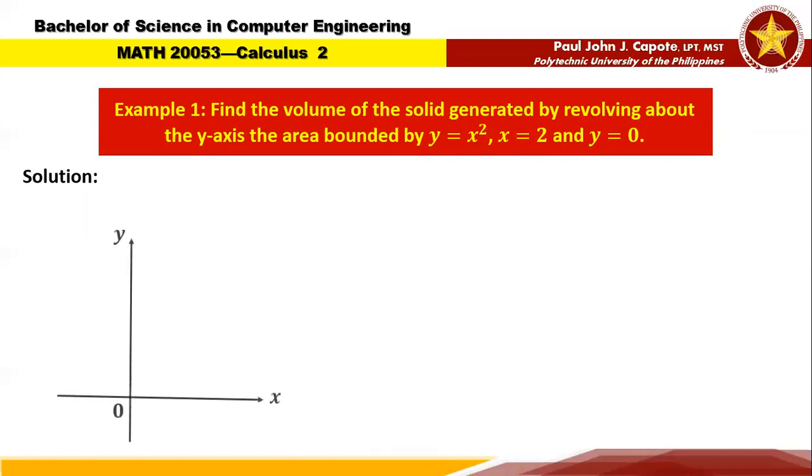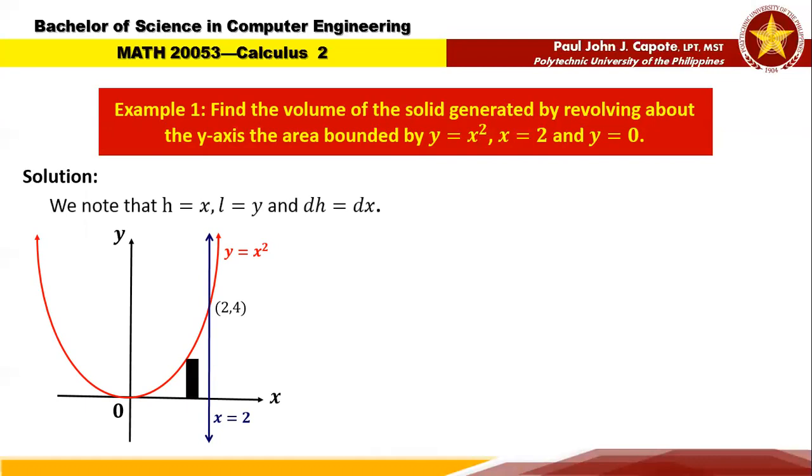So first, we sketch the graph of y equals x squared. It's a parabola opening upward, and the line x equals 2 is a vertical line. The line intersects the curve at point (2, 4). Now we note that h, which is the distance of the lower base to the y-axis, is equal to x.